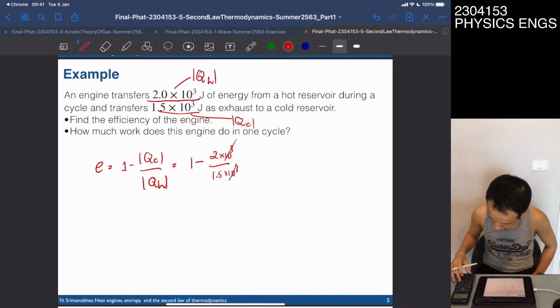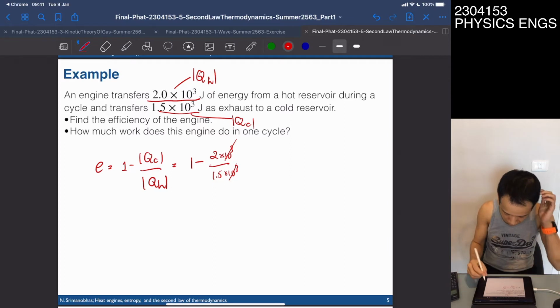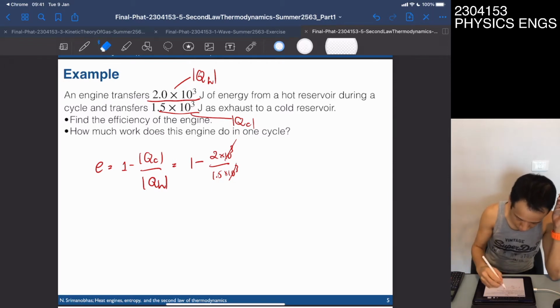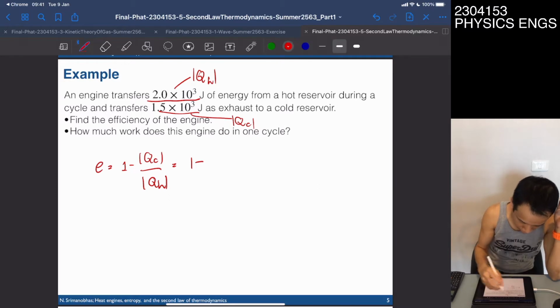That should be much simpler. Sorry, it's Q_C, I made it wrong. So it's 1.5 times 10 to the 3 divided by 2 times 10 to the 3.